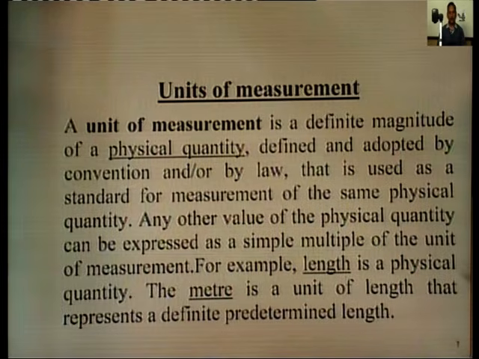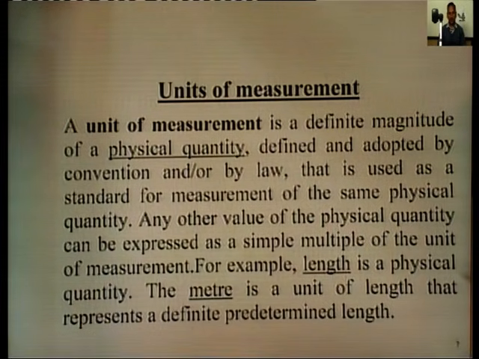Units of measurement. A unit of measurement is a definite magnitude of a physical quantity. Here stress is given upon the physical quantity, defined and adopted by convention and or by law, that is used as a standard for measurement of the same physical quantity.